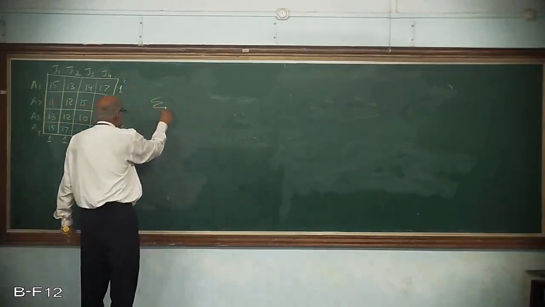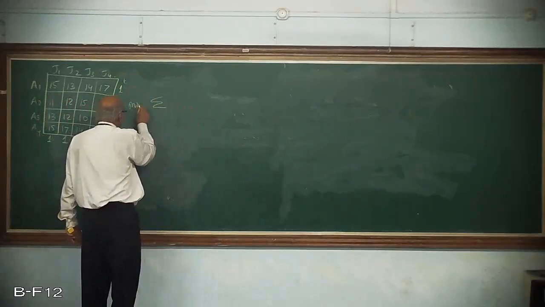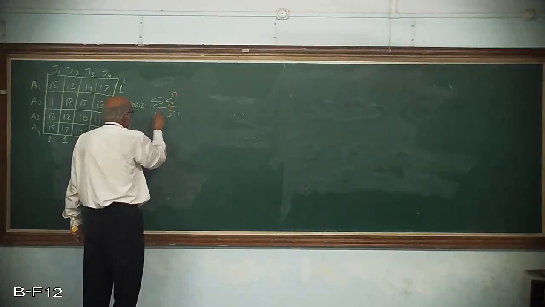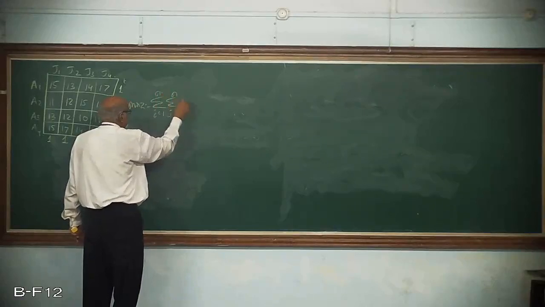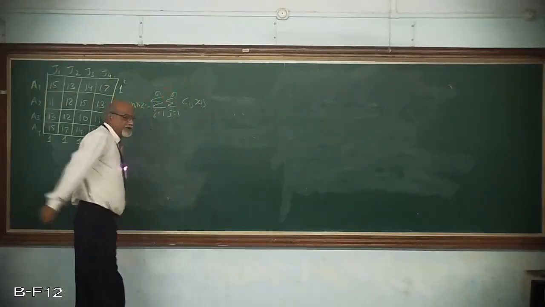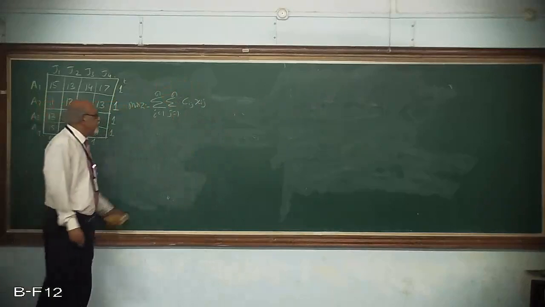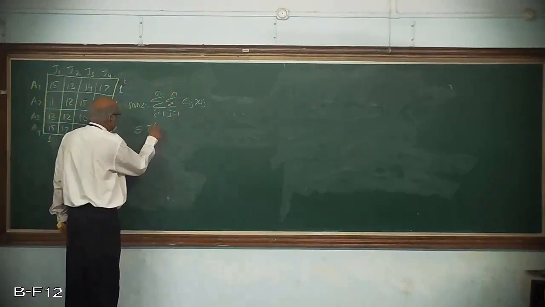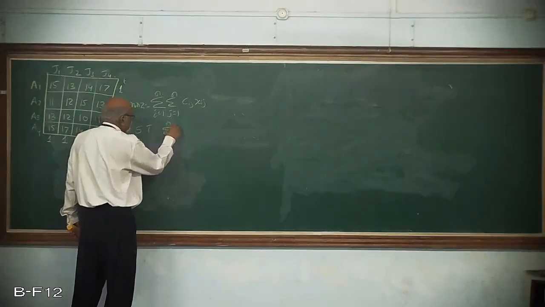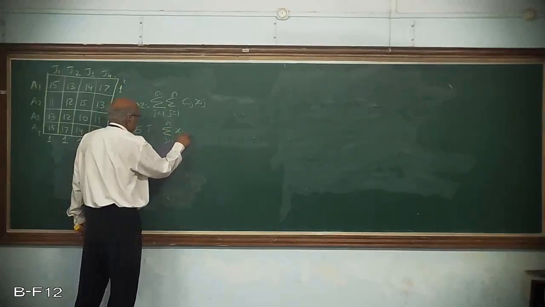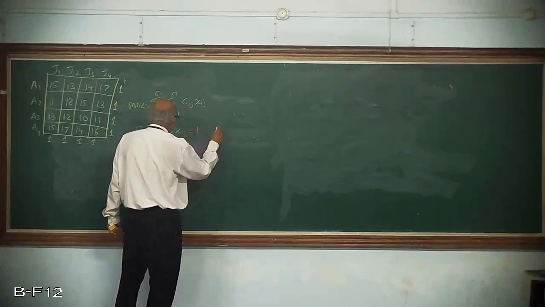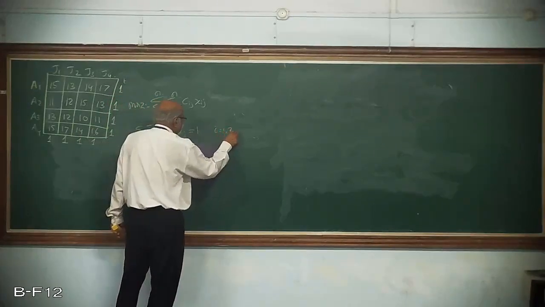We say: minimize Z equal to the sum over j equal to 1 to n and i equal to 1 to n of Cij xij, such that the sum over j equal to 1 to n of xij equals 1 for all i equal to 1 to n.